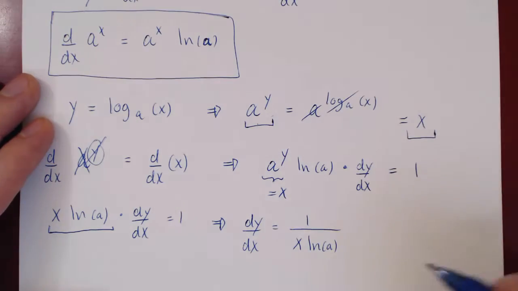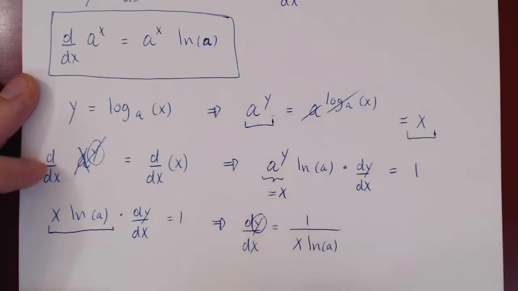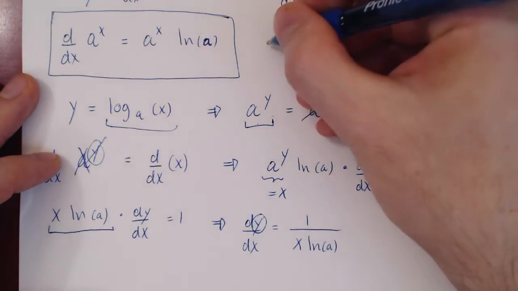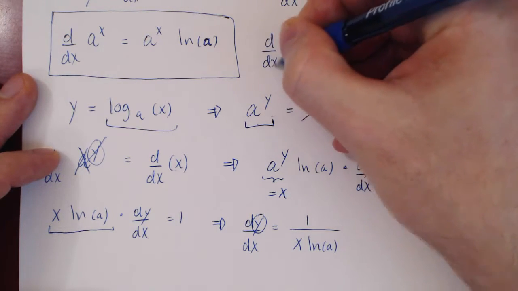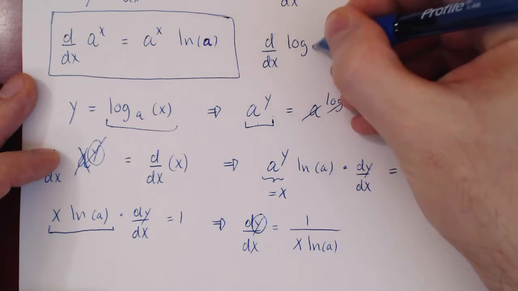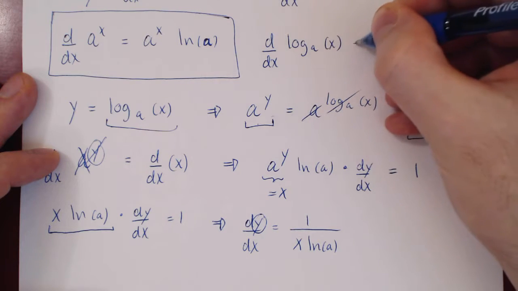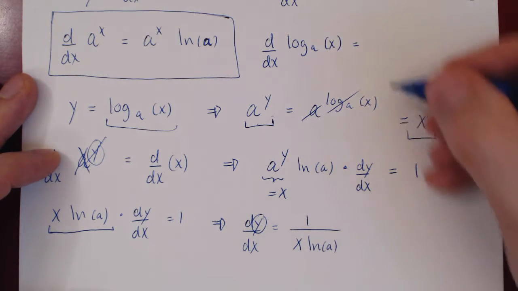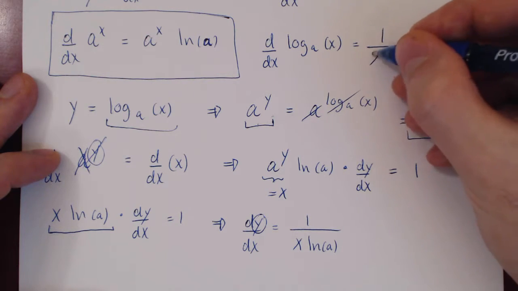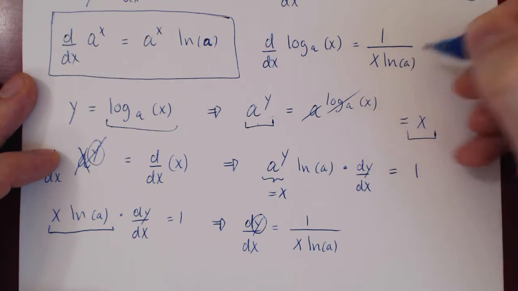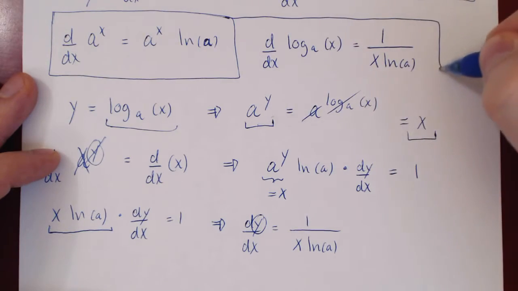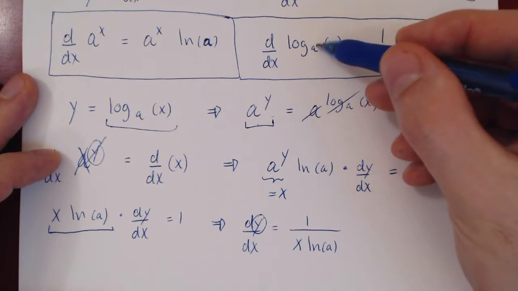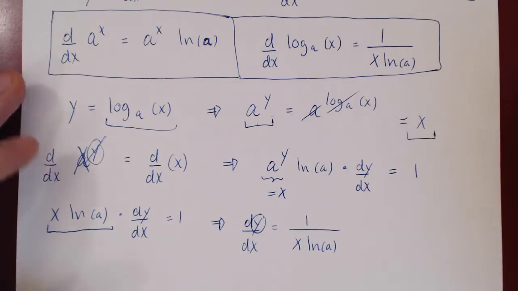And now if we ask for the derivative of log base a of x, so d over dx of the logarithmic function base a of x, what we have is 1 over x ln of a. And this is true for any logarithmic function base a as long as the base is positive.